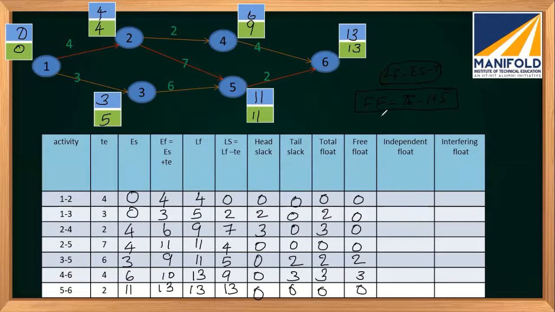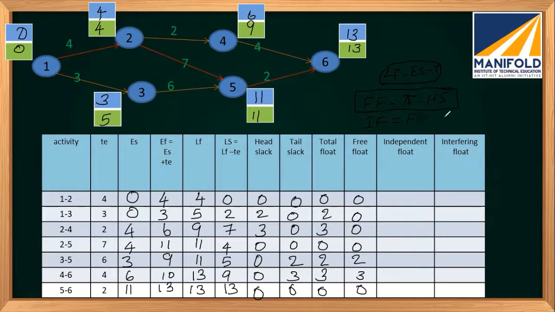Now the independent float is nothing but the free time that we have without affecting the predecessor activity or the succeeding activity. So what time frame do we have? It is a part of free float only.